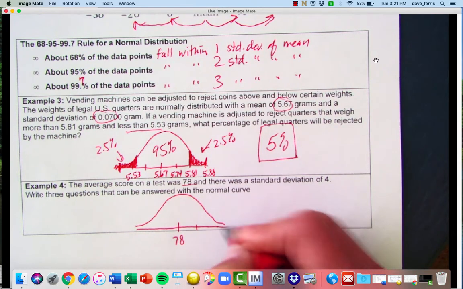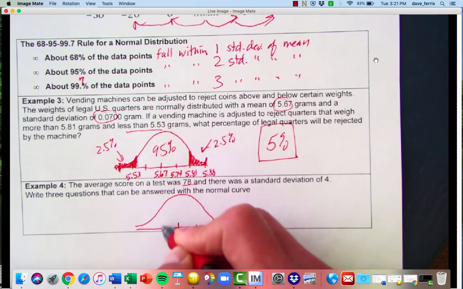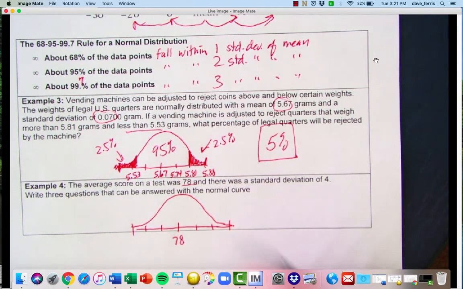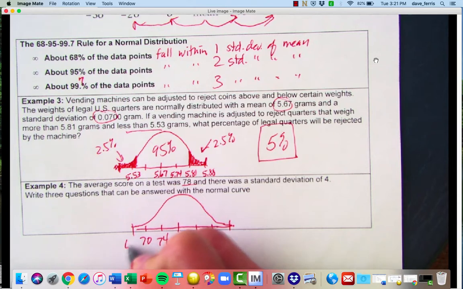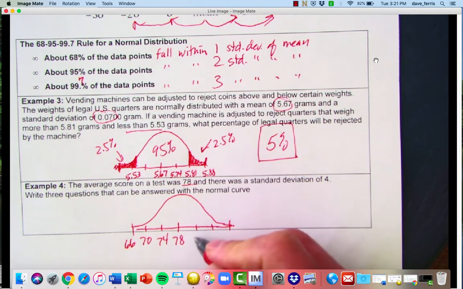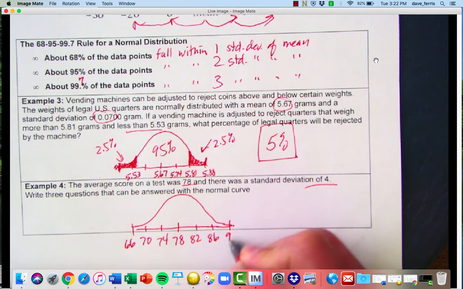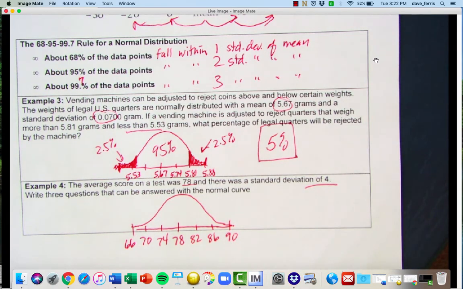So if you can imagine going out 3 standard deviations on both sides, and we can just subtract 4, and subtract 4 to get the numbers for those 3 marks. Above 78, if we go a standard deviation of 4 above 78, that would be 82, and then 86, and then 90. So what we've done is we've labeled this with kind of the 6 standard deviations.